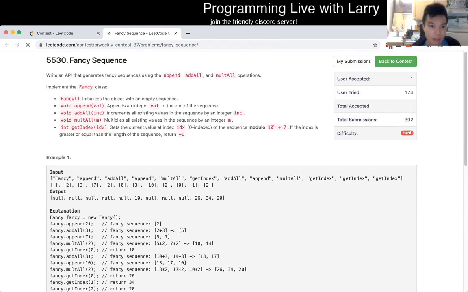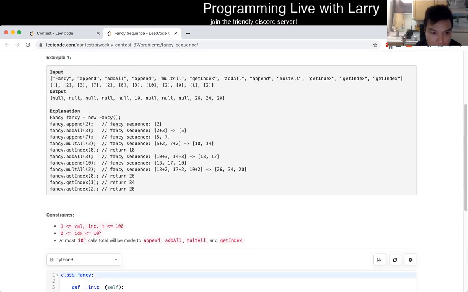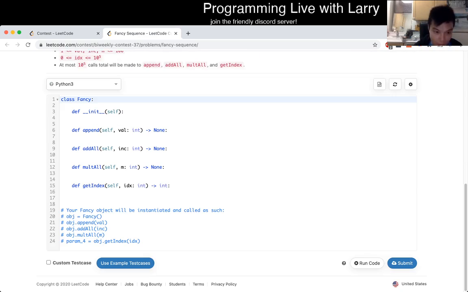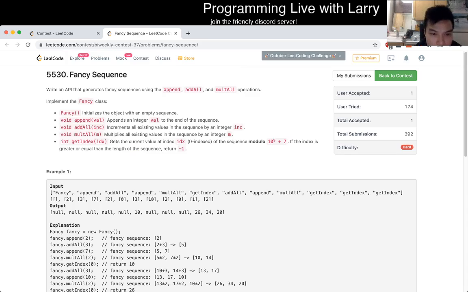Let's do this one. Remember the mod. Remember the mod. Okay.